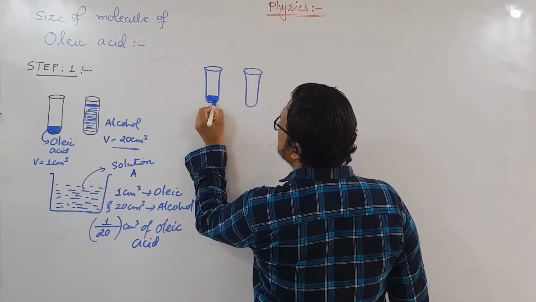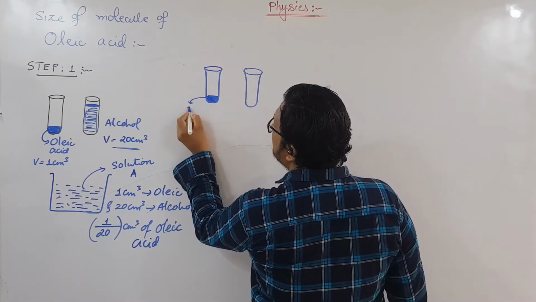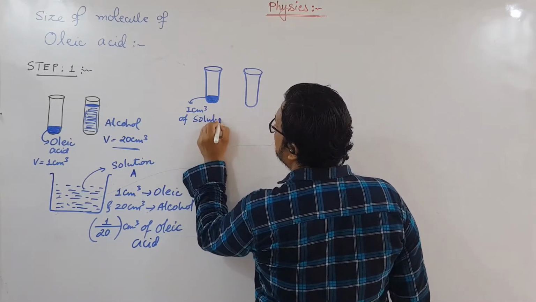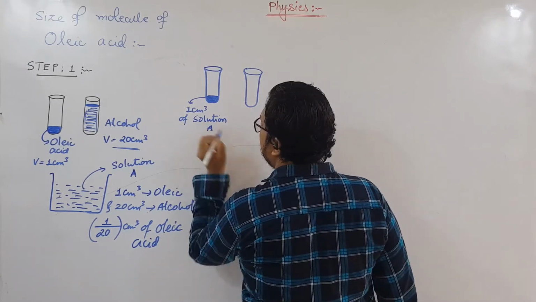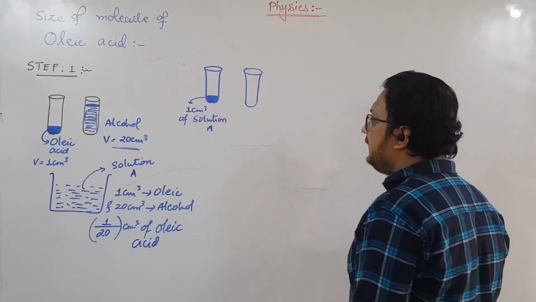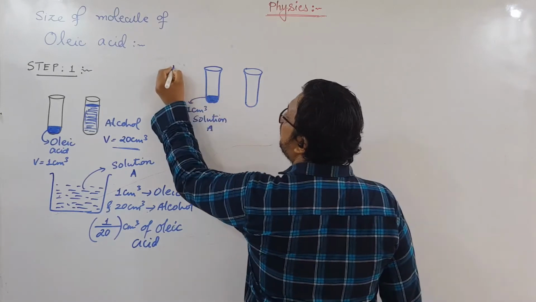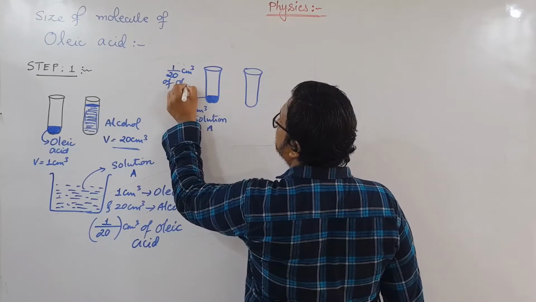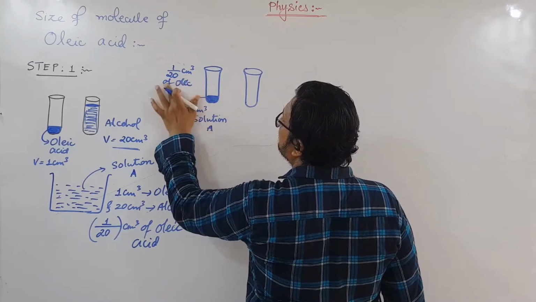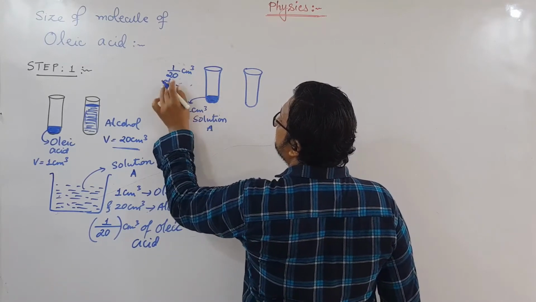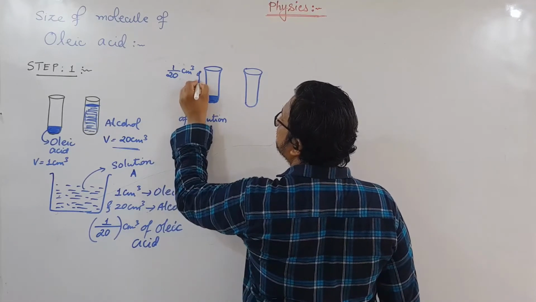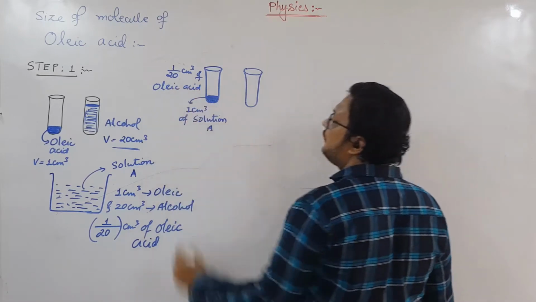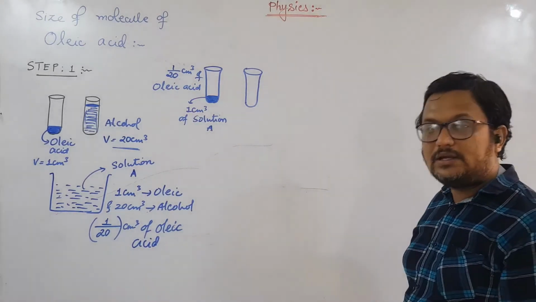So this is 1 centimeter cube of solution A. That is, you can say that in this we have 1/20 centimeter cube of oleic acid. So the concentration of oleic acid in this is 1:20 centimeter cube.